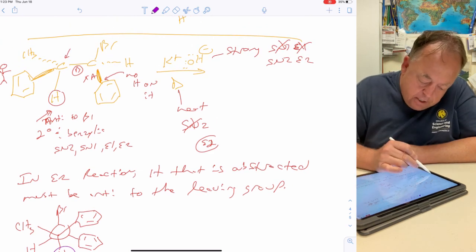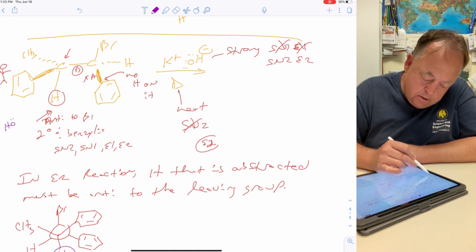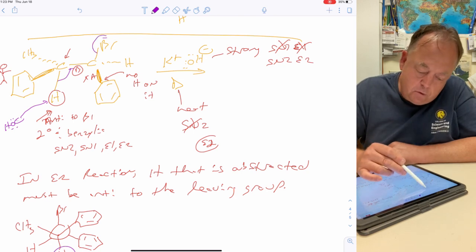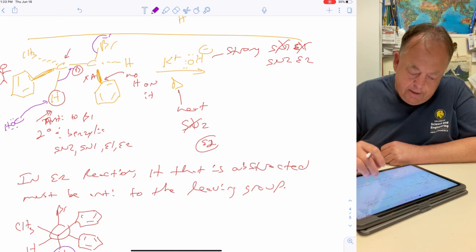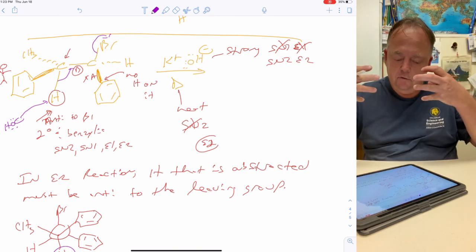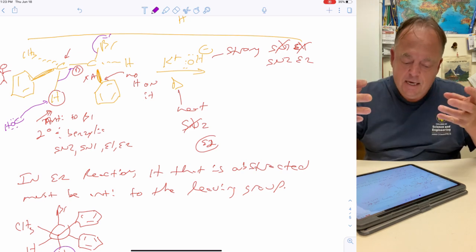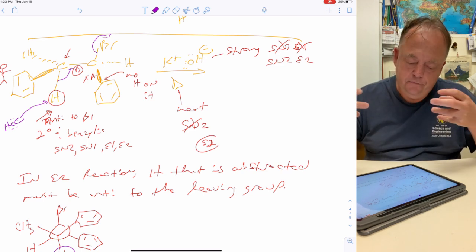So what's going to happen then is hydroxide is going to take that hydrogen, those electrons become a double bond, and bromine leaves all at the same time. If you notice, your two benzene rings are on the same side, and since all of this is happening at the same time, they have to end up on the same side.